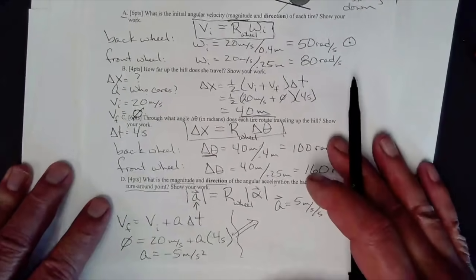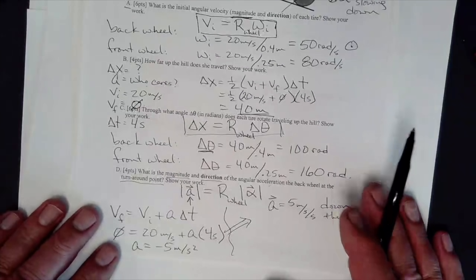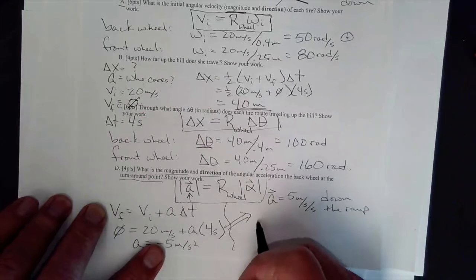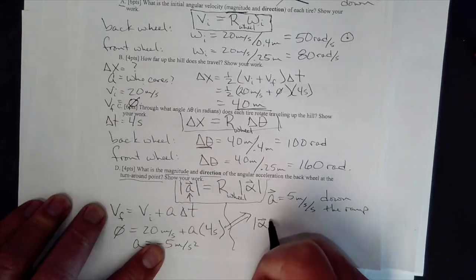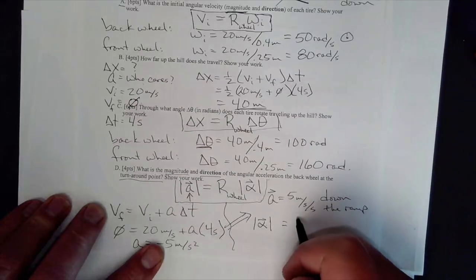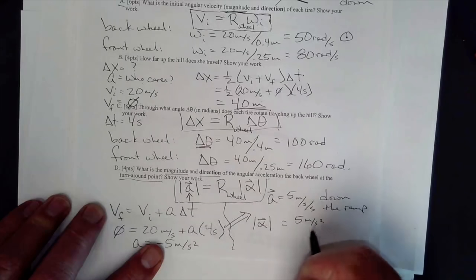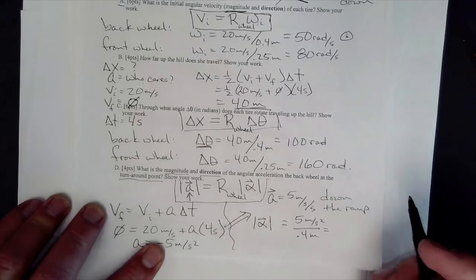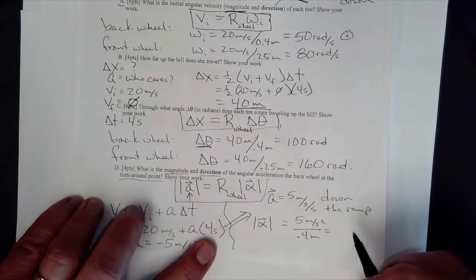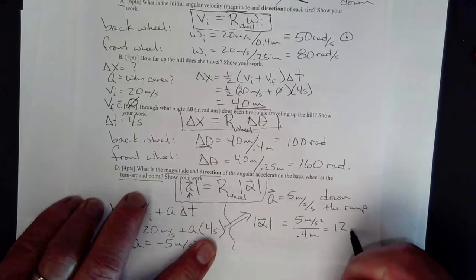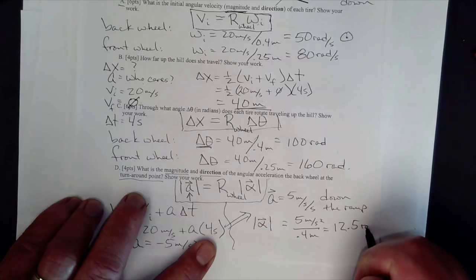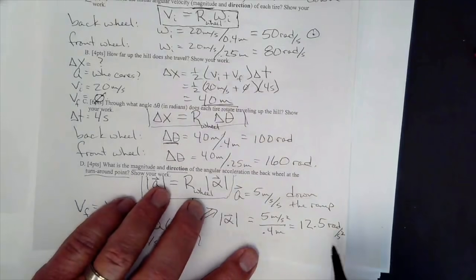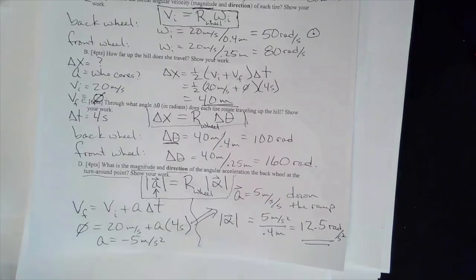Now, if I use my rolling condition here, that gives me that the magnitude of the angular acceleration is going to be 5 meters per second squared divided by the radius of the big wheel, 0.4 meters, and that's going to give me 12.5 radians per second squared.